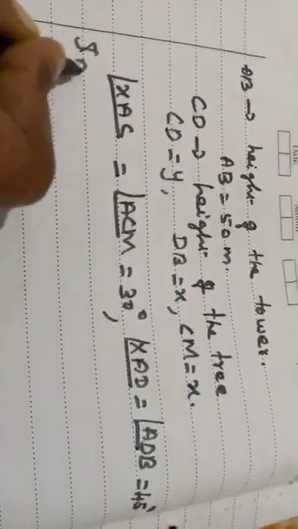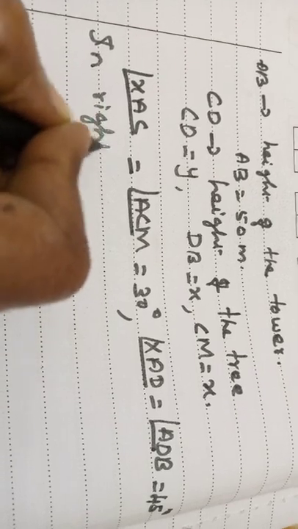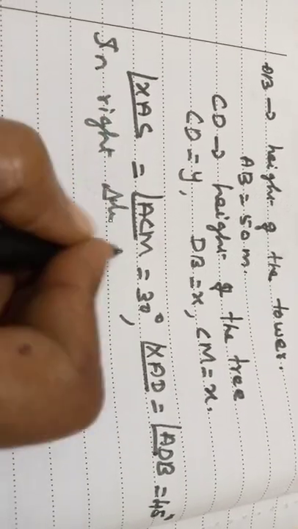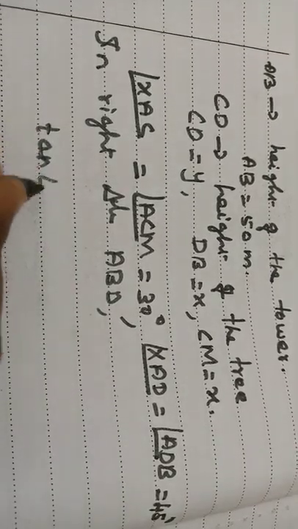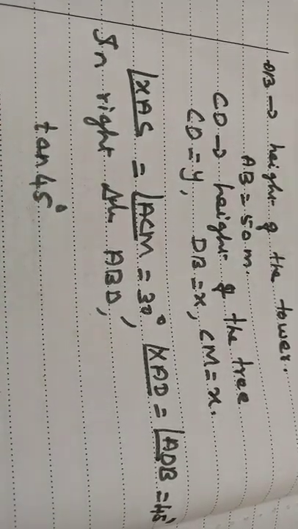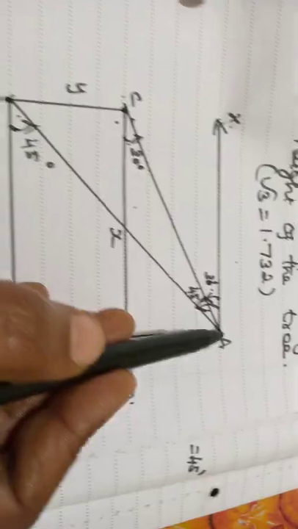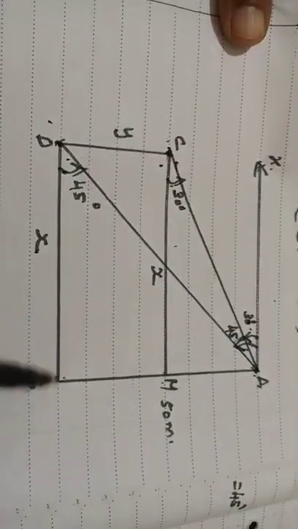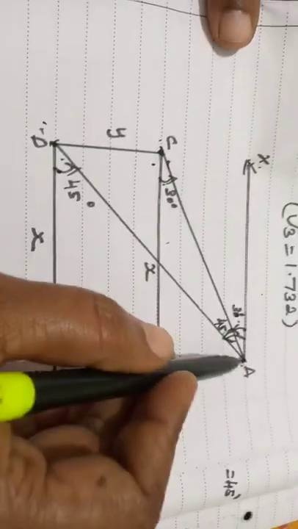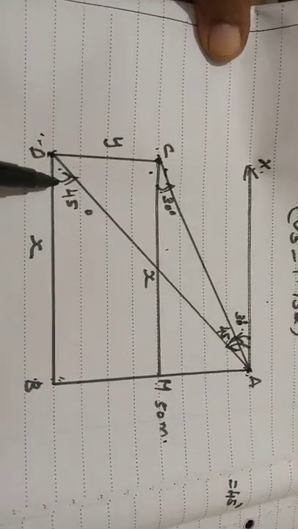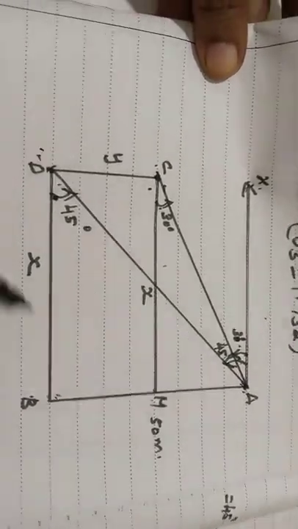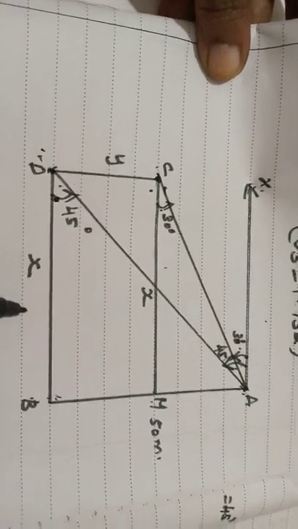Now in right triangle ABD, let us take the tan ratio. This right triangle ABD we are taking. Here the angle is given, 45 degree, so we are going to find the adjacent side.